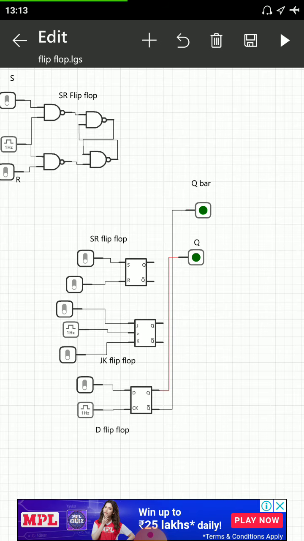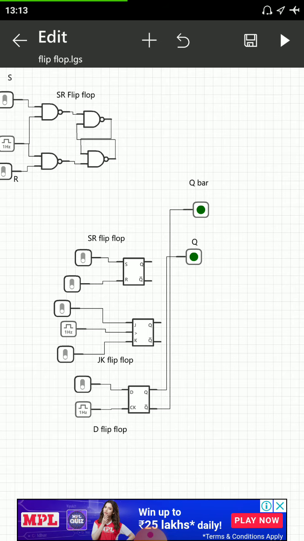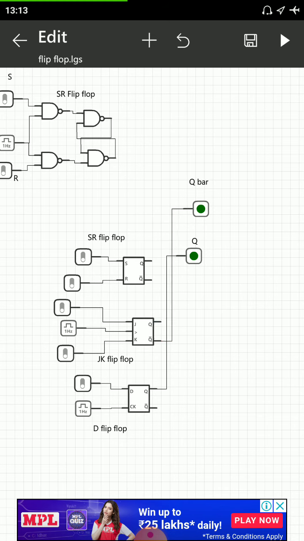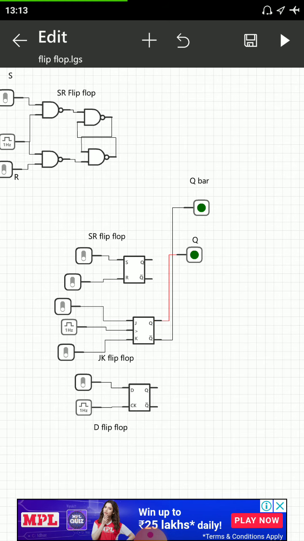Q bar, we have to connect it here. Click on Q, after that click on the LED. So now we will simulate the circuit for JK flip-flop.